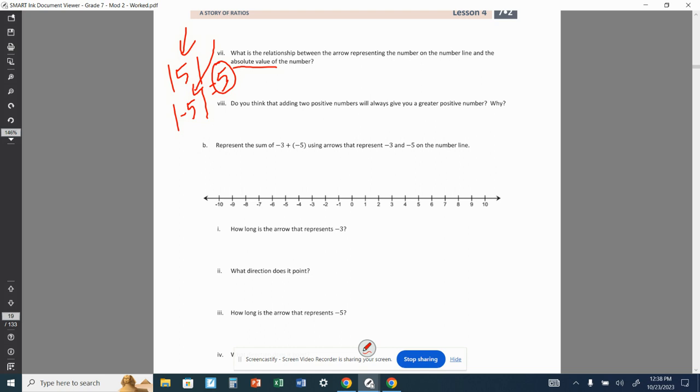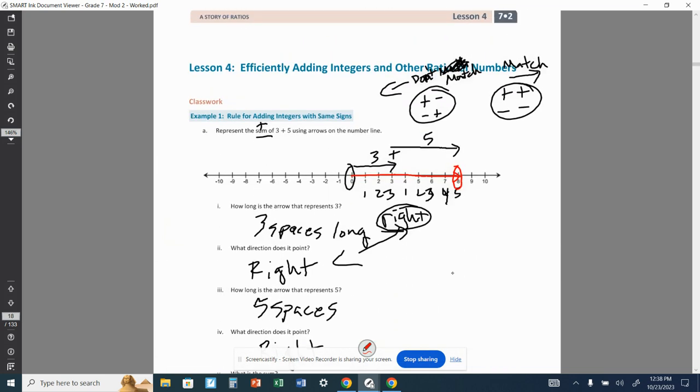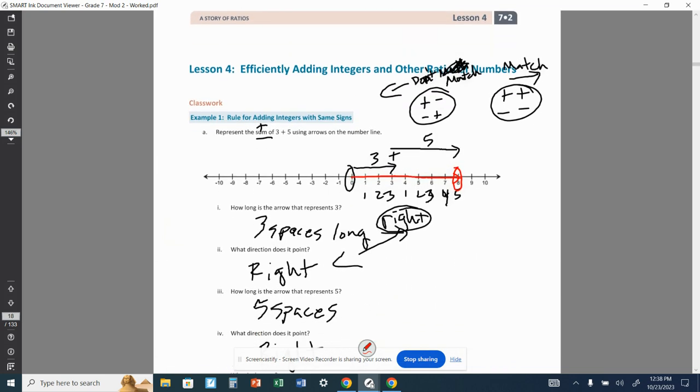So it says, what's the relationship between the arrow representing the number on the number line and the absolute value of the number? Well, let's look. The number on this arrow is 3, and it is, in fact, 3 spaces by the time we're done, right? It's right here. It's 3 spaces away from 0. So the absolute value and the number match.